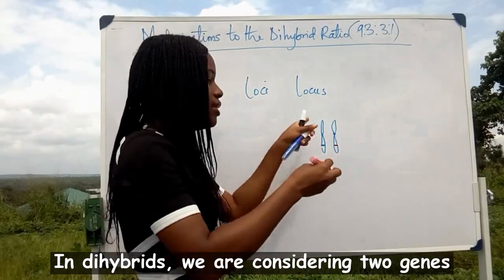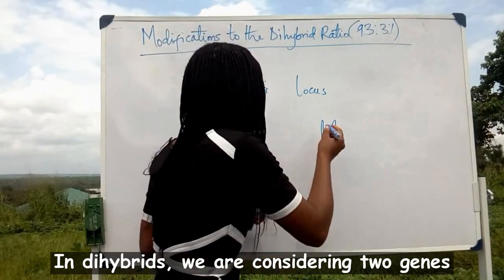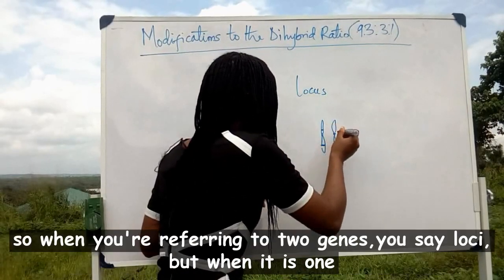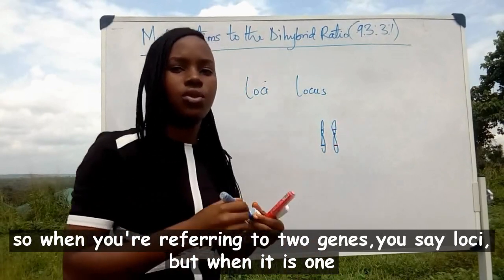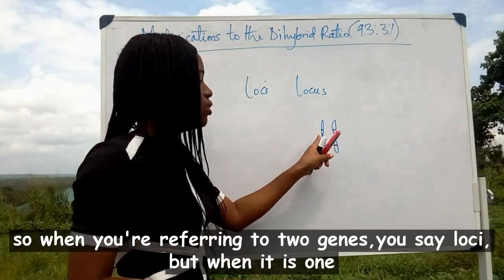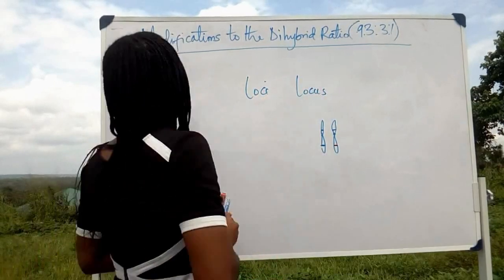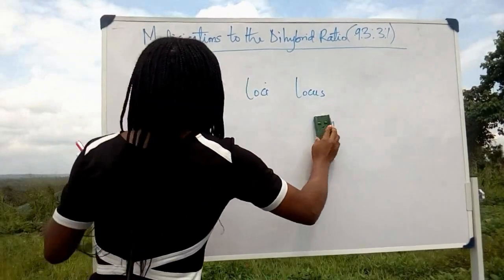So let's assume that in dihybrids we are considering two genes. So when you're referring to these two genes, you say loci, but when it is one, you say locus. All right, that is it.